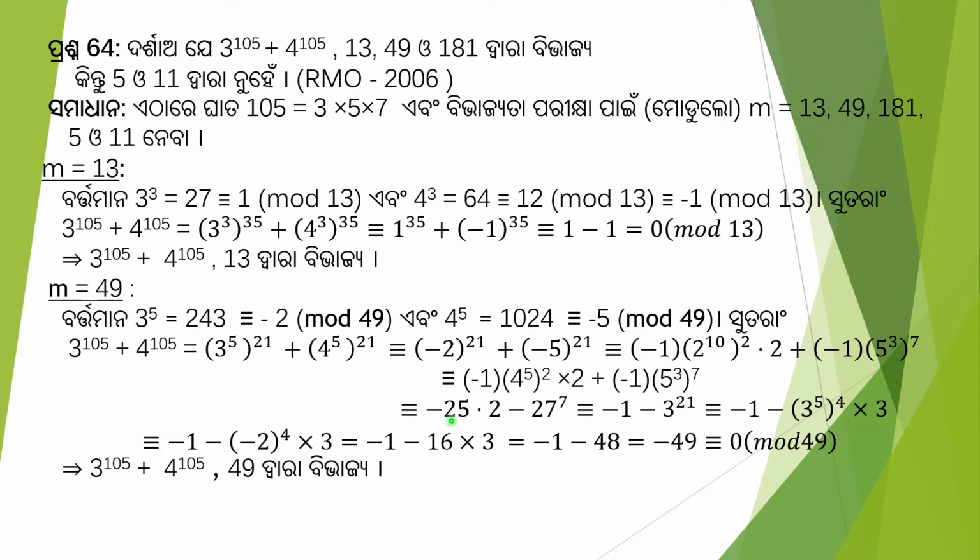-25 × 2, because 4^5 is congruent to -5 and the square of -5 is 25. So -25 × 2 plus (-1) × (5^3)^7; in place of -1 we write the minus sign, and 5^3, that is 125, is congruent to 27 modulo 49.